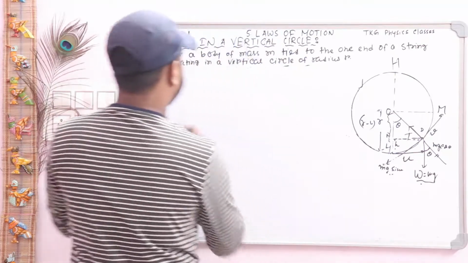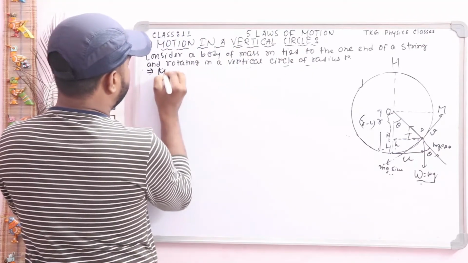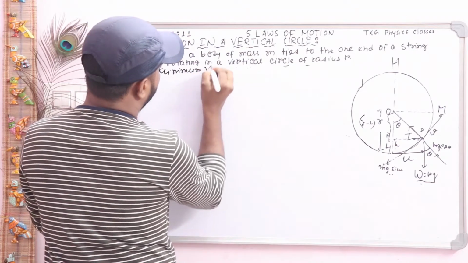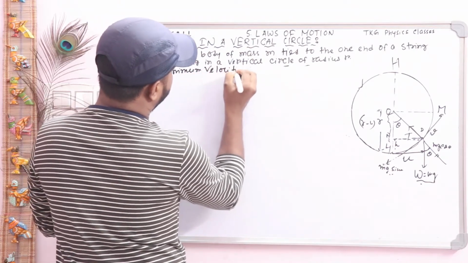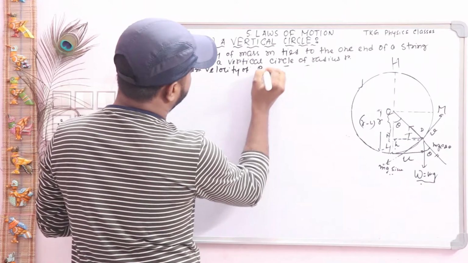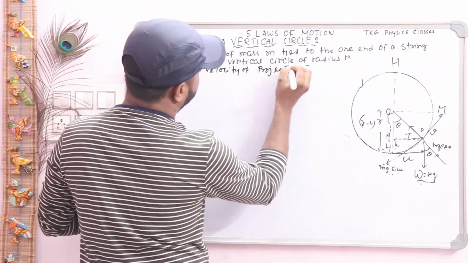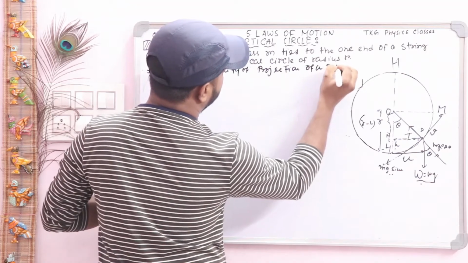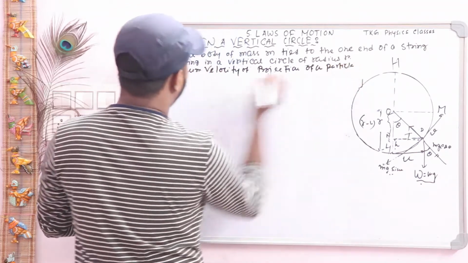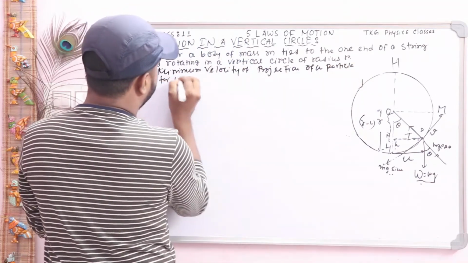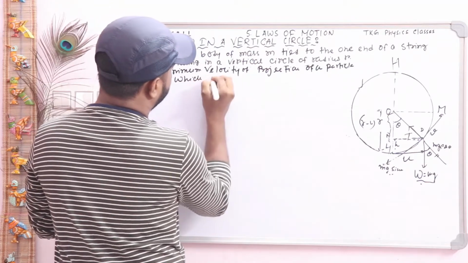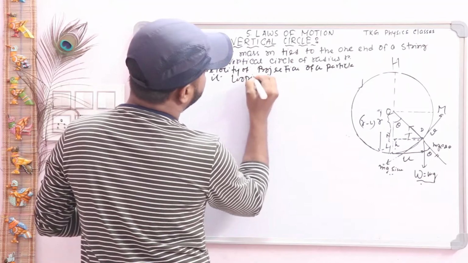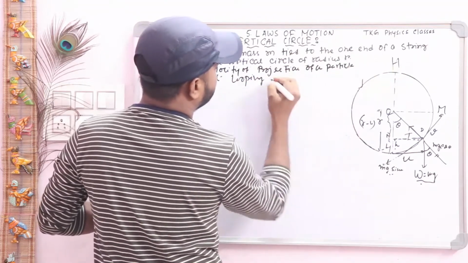So next point, that is minimum velocity of projection of a body, or you can write particle, for which it completes looping the loop, that is, it completes its motion, looping the loop.